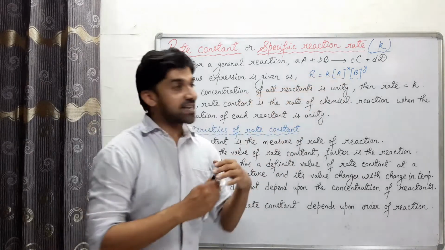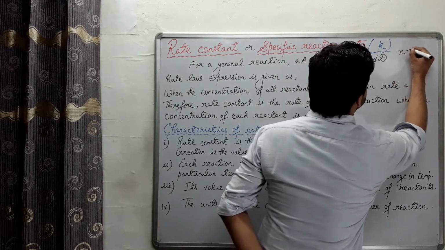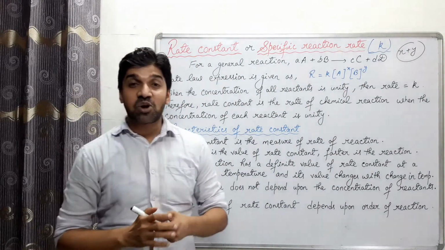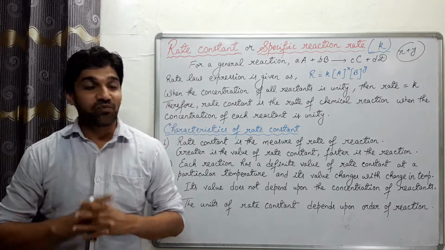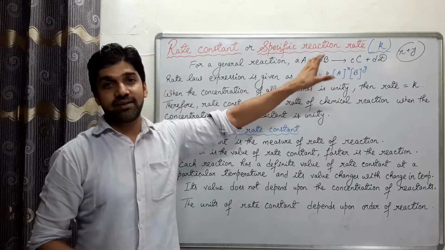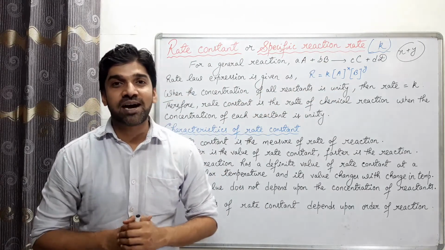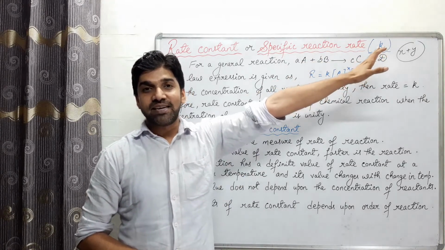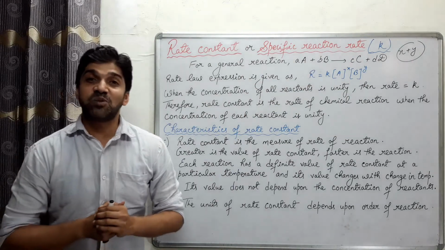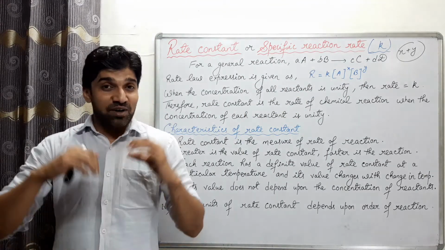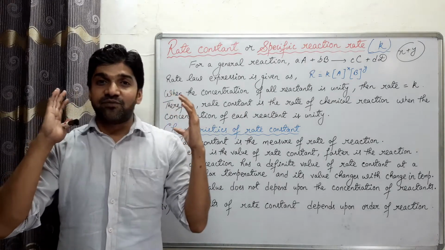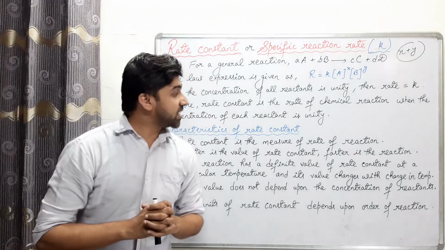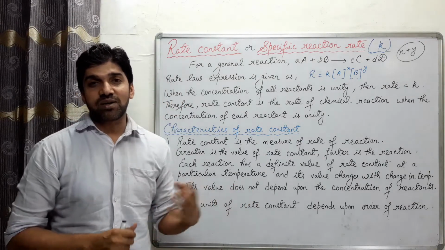These exponents x and y, their summation x plus y in this rate law expression is called order of reaction. So the value of rate constant k depends upon the order of reaction, the summation of x and y in the rate law expression. And we will discuss this order of reaction in full detail in the next lecture, along with the units of rate constant.